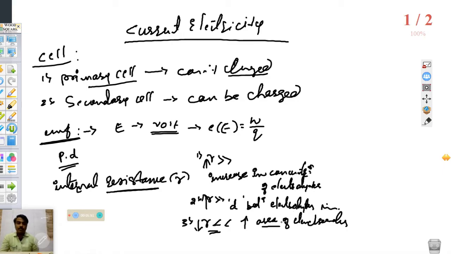With respect to these, the internal resistance of a cell will vary.